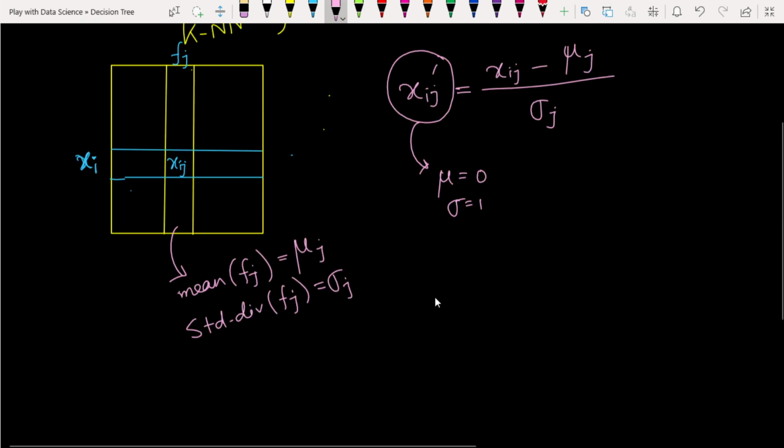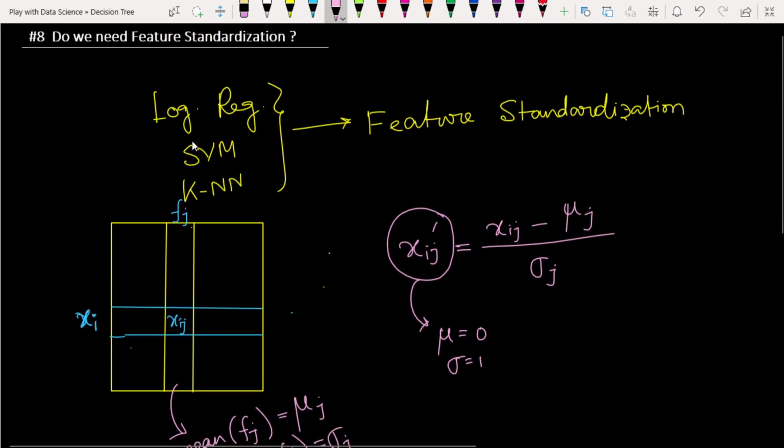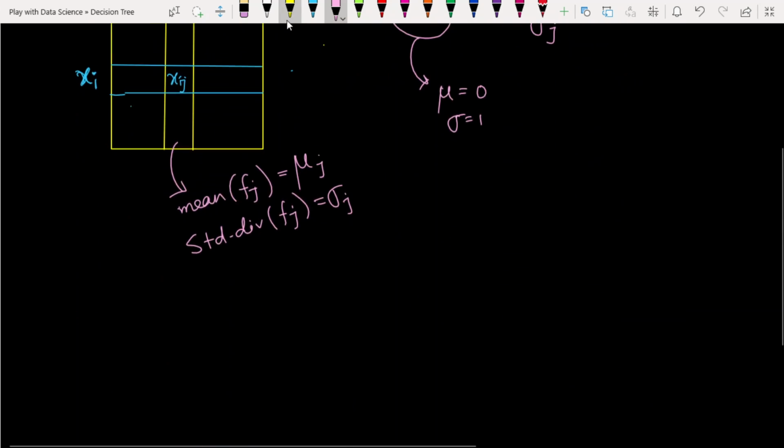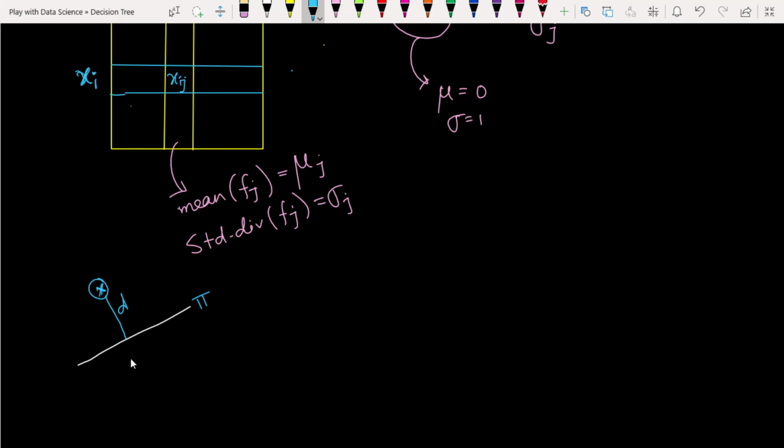If you recall logistic regression and SVM, in these we find the distance of a data point. Suppose we have a data point here, then we find its distance from the plane pi, which we saw in logistic regression and SVM.